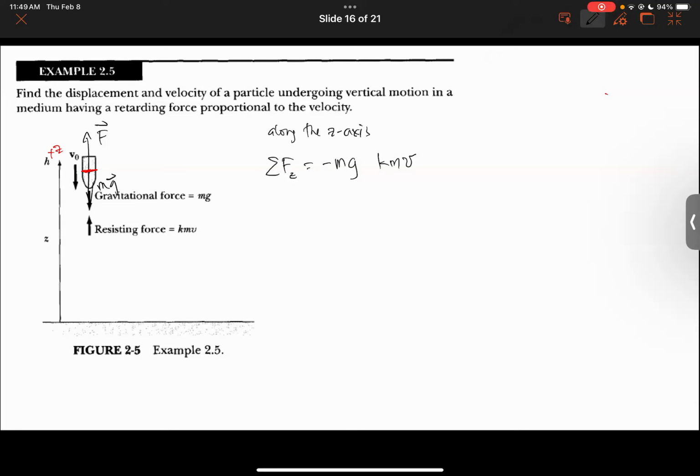But remember na yung velocity is opposite in direction dun sa movement nung projectile. Saan papunta yung projectile? Okay, pababa. Di ba?